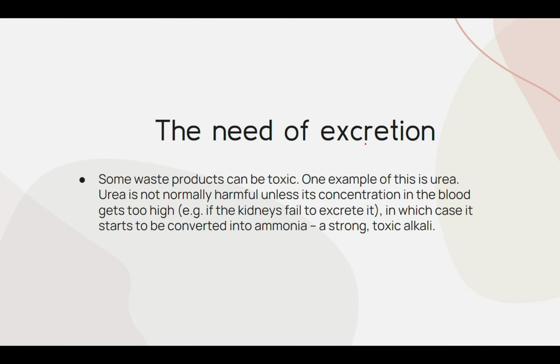Why do we need to excrete? Because some waste products can be toxic. One example of that is urea, which comes from the excess amino acids. Urea is normally harmless unless its concentration in the blood is too high, for example, if the kidney fails to excrete it.